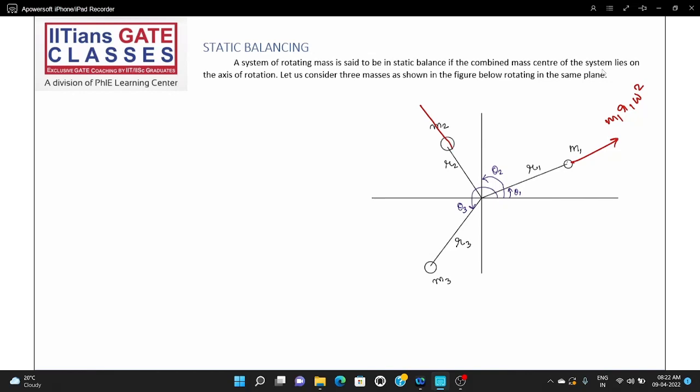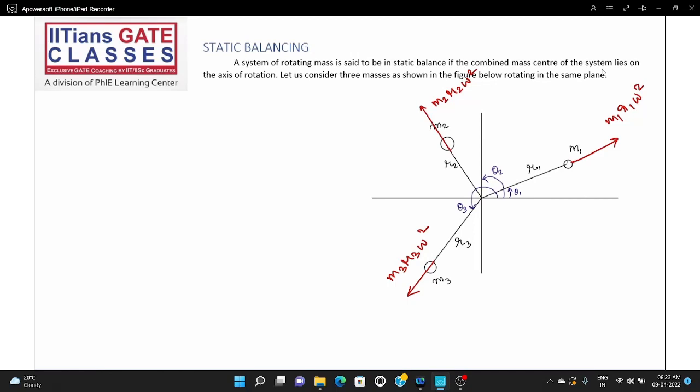Then you will have M1 R1 omega square, M2 R2 omega square, and M3 R3 omega square. These are the three forces we are talking about. If the system of masses is in static balance, then the sum of all these three forces will be equal to 0.